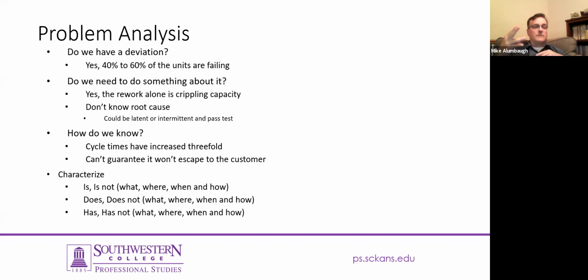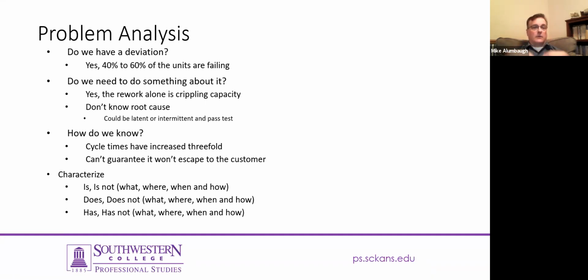You know that your cycle times have increased and you can't guarantee containment for the customer. So when you go through the do we have it, do we need to do something about it, and how do we know, those are the kinds of things that help you characterize: yes, we do something about it, or no, it really isn't a big enough deal for us to allocate resources and problem solve it.